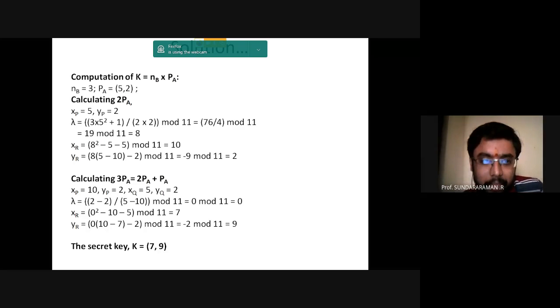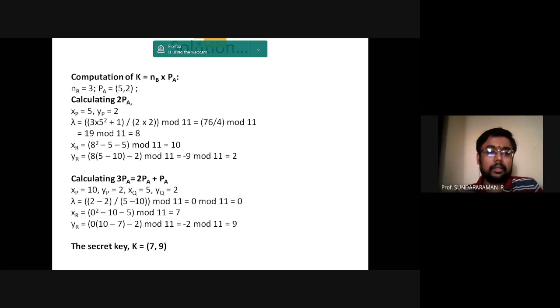So XP is equal to 10, YP is equal to 2, XQ is equal to 5 and YQ is equal to 2. Now the lambda equation is different because P is not equal to Q. So YQ minus YP divided by XQ minus XP, that's the slope equation mod 11. So 2 minus 2 divided by 5 minus 10. 2 minus 2 is 0, numerator is 0, so lambda is equal to 0.